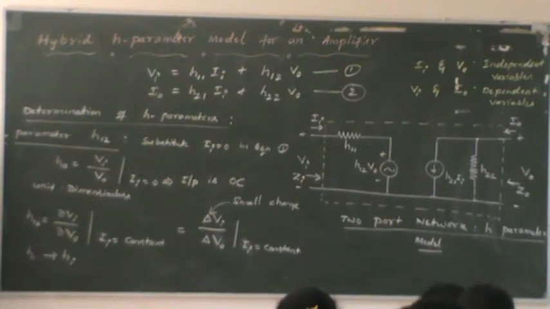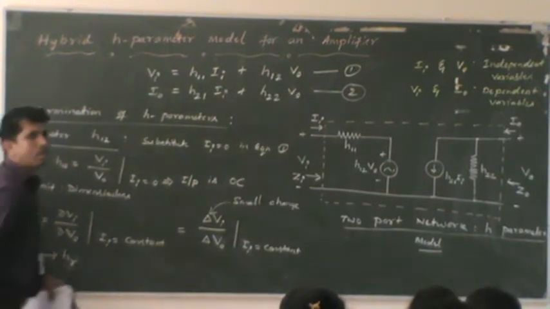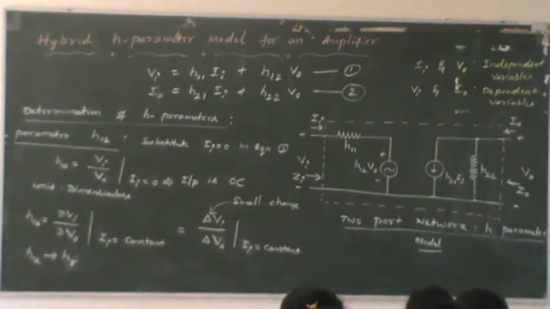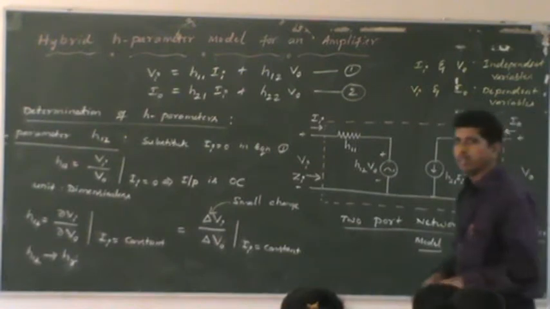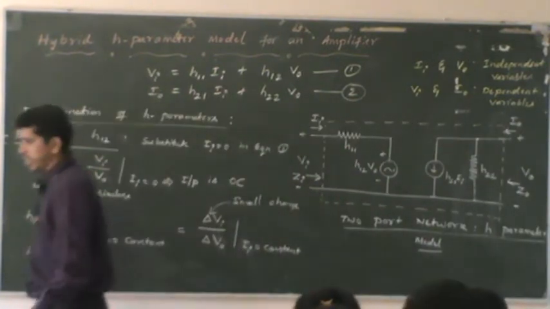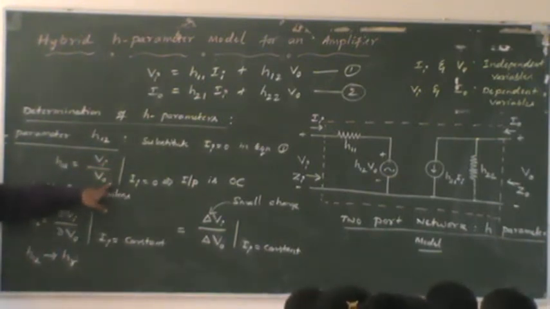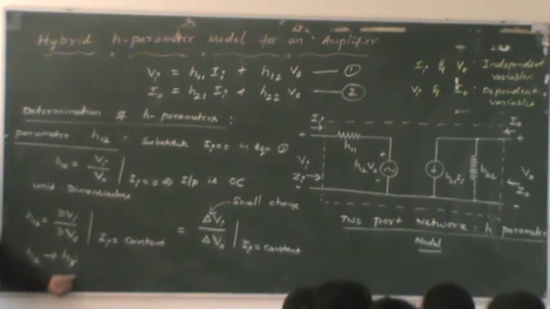Also, we can write H12 as Hr. On what basis have we written Hr? It's a reverse voltage gain, because you can see that it's a ratio of input voltage by output voltage. If it were output by input, it would be a forward voltage gain.